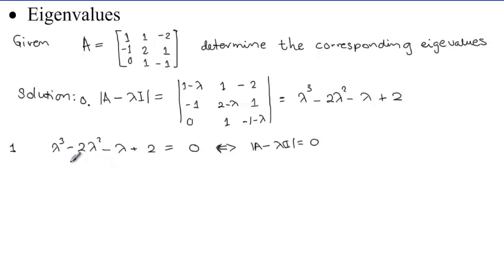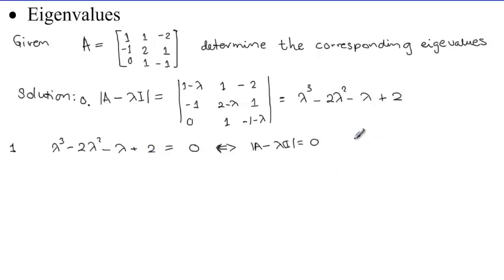Now, at this point we need to invoke some theory of factorizing polynomials like this, and in this case we have the factor theorem, but also the theory on roots. We know that if we've got a polynomial like this where the leading coefficient is 1, the possible roots of such a polynomial are factors of the independent term, here 2.